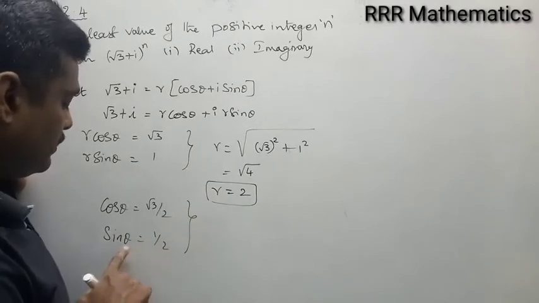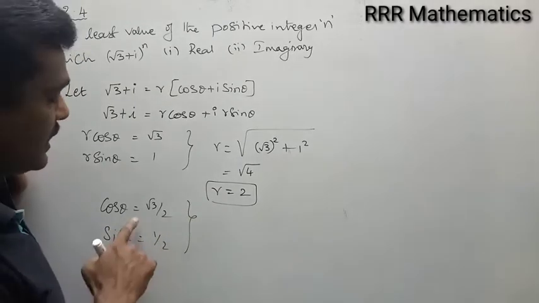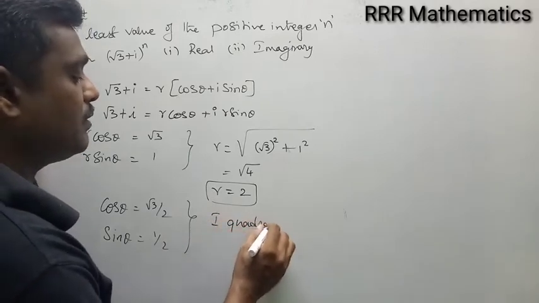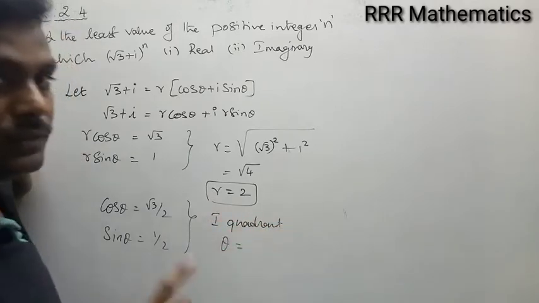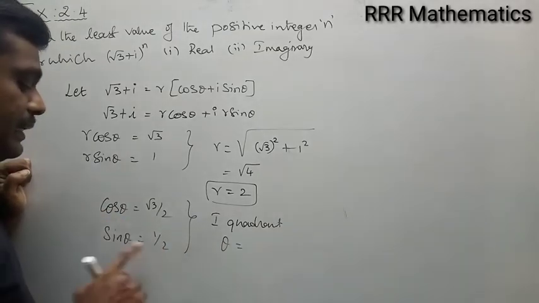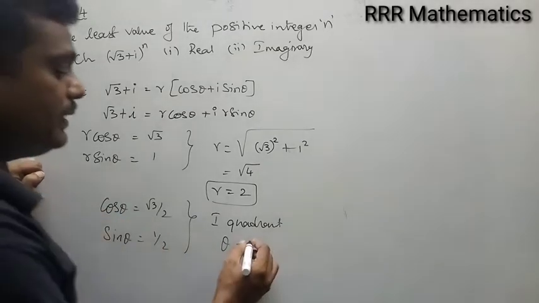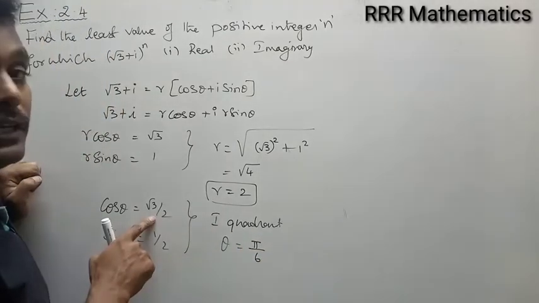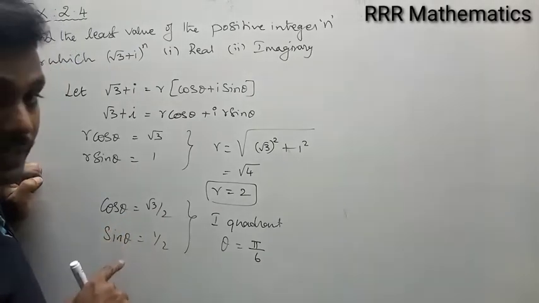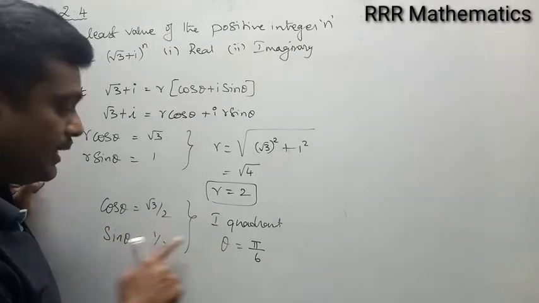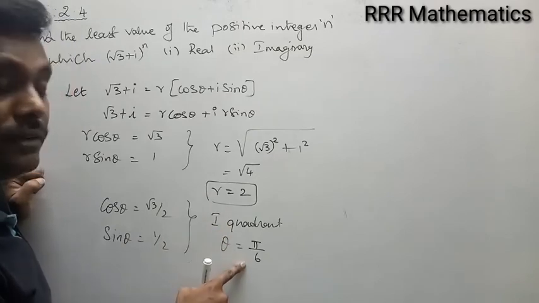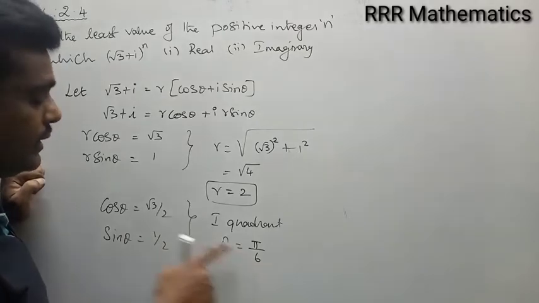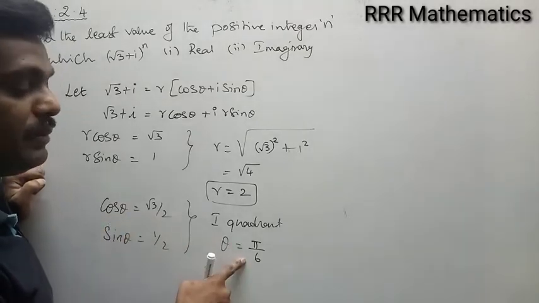In this case, sin theta and cos theta are both positive, which happens in the first quadrant. Therefore, your theta value is positive. Sin theta equal to half: sin 30 will be half. At the same time, what is cos 30? Root 3 by 2. It satisfies both values. So theta lies in the first quadrant, and directly you can find theta: sin theta is half and cos theta is root 3 by 2 when it is 30 degrees.